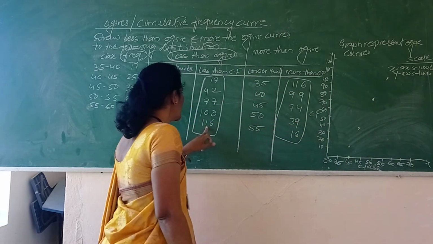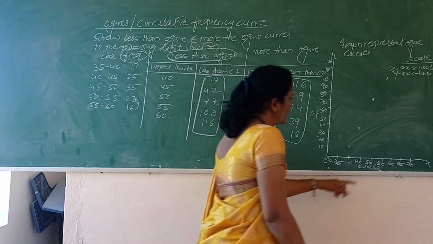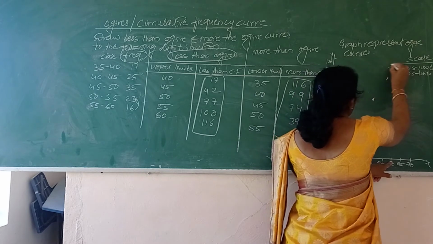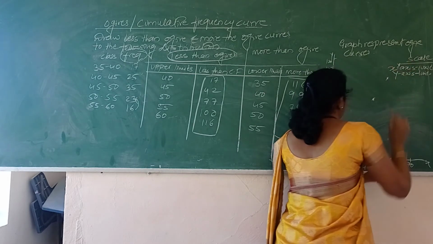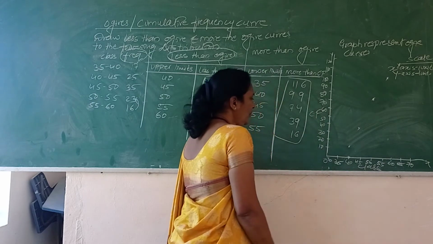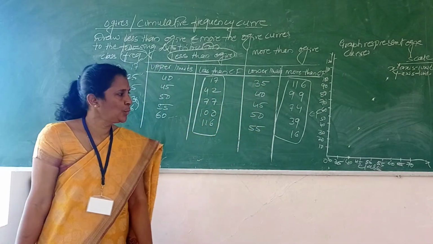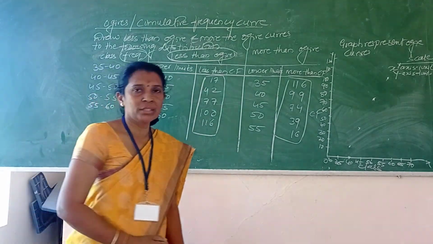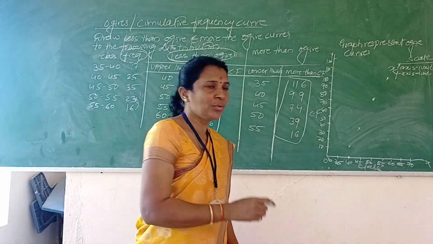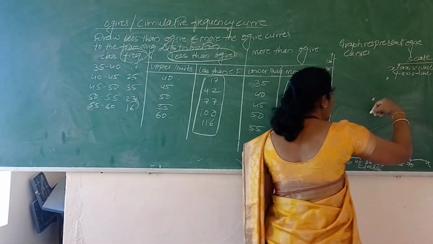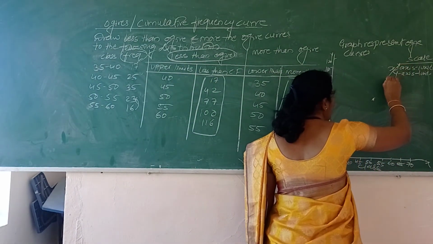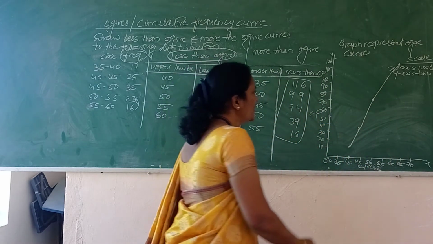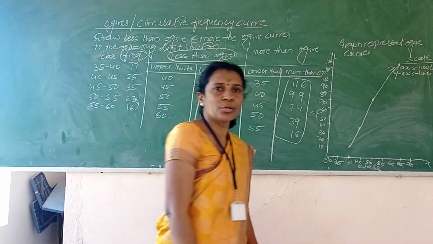Then for 60 it is 160. Is it so? Now what we have to do is join all these points freehand. Since it is a curve, you join all the points freehand. So this is your less than ogive curve.